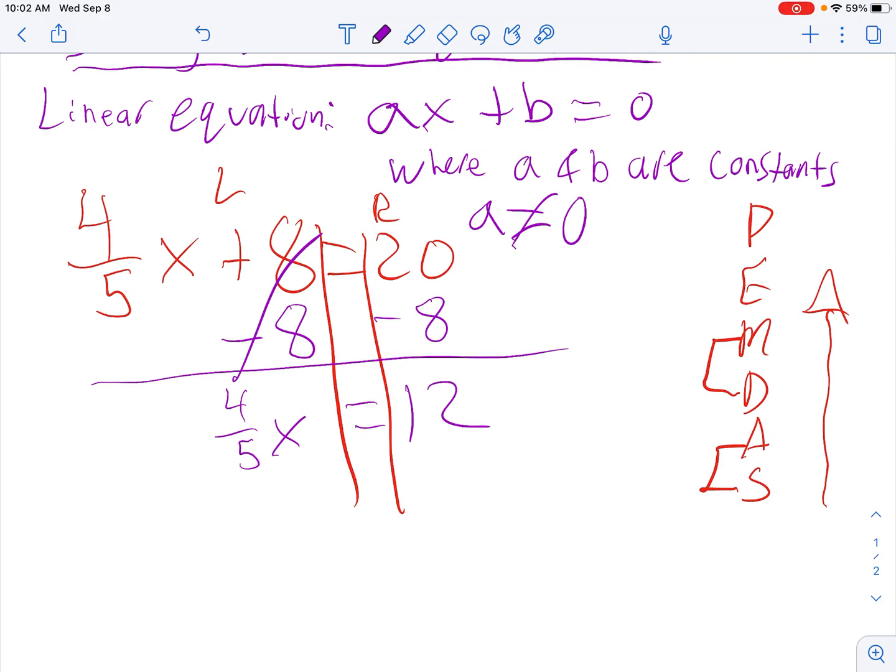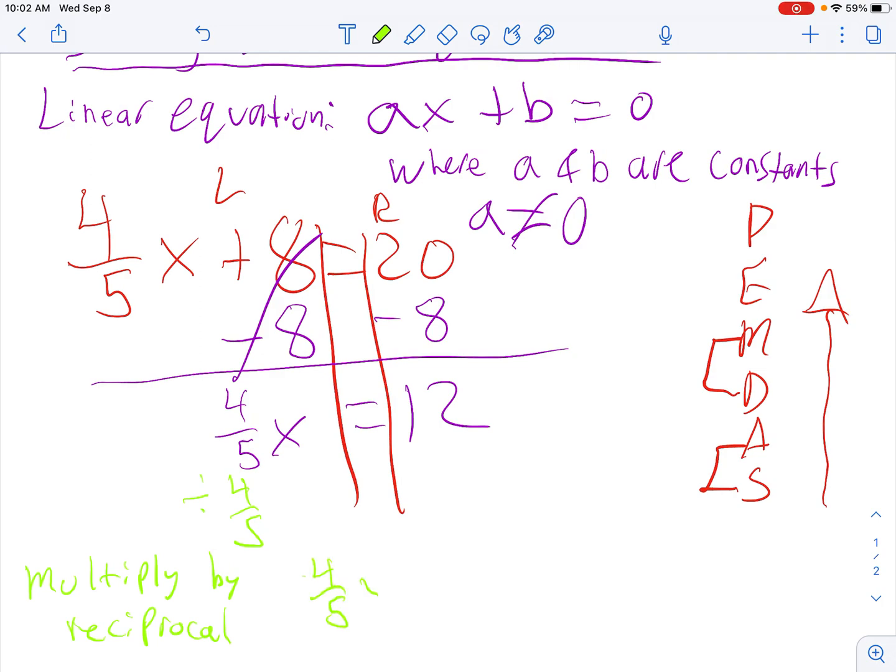So if I want to think about it as 4/5 multiplied by x, to undo multiplication, I have to divide by 4/5. However, remember, when we divide fractions, we actually multiply by the reciprocal.